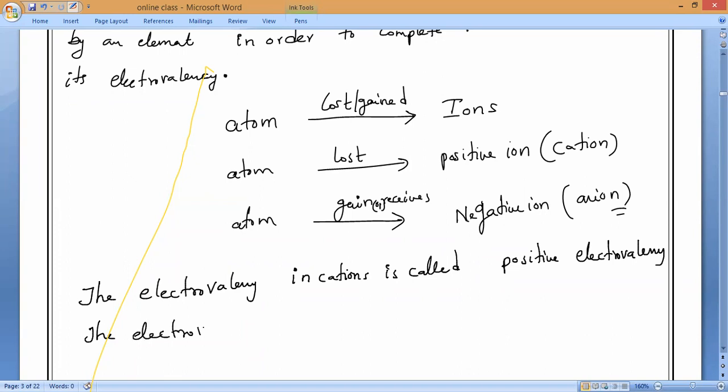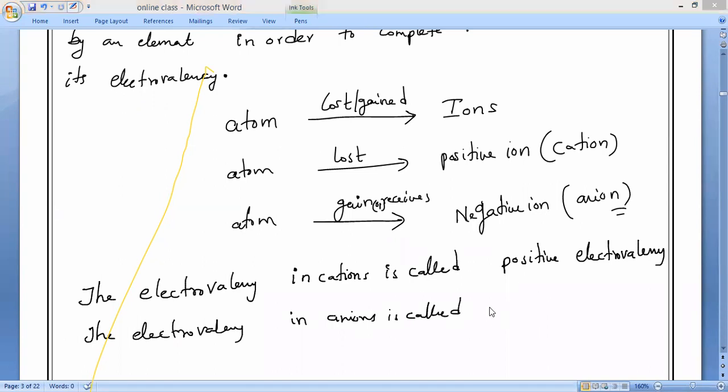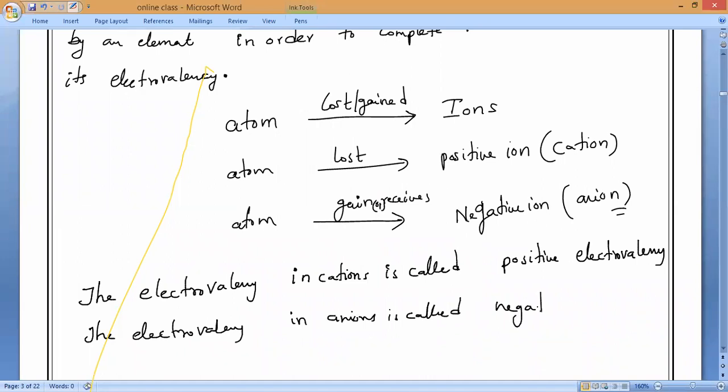Negative electrovalency. Electrovalency in anions is called negative electrovalency.